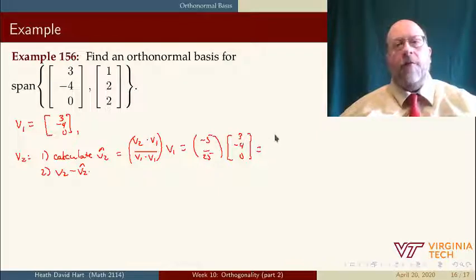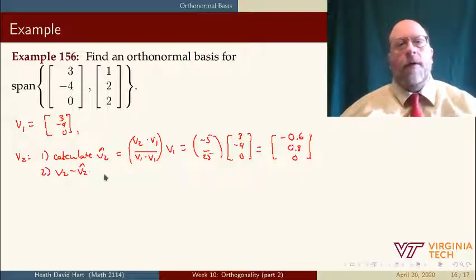So we get negative 3/5, which is negative 0.6, and positive 4/5, which is 0.8, and 0. v2 minus this will be the vector 1.6. 2 minus 0.8 is 1.2, and 2 minus 0 is 2.